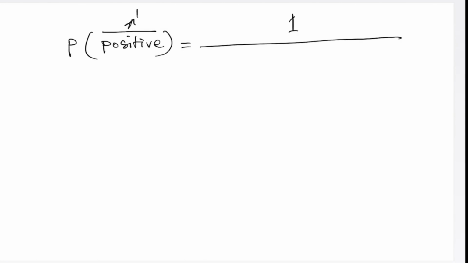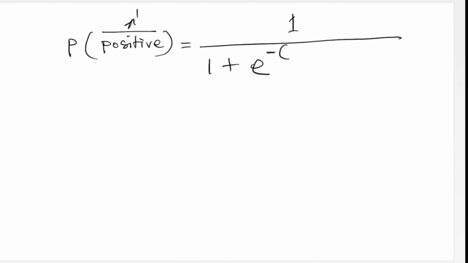In general, the probability that the sample is positive or the sample is 1 is equal to 1 over 1 plus e to the power minus whatever linear regression model you have.